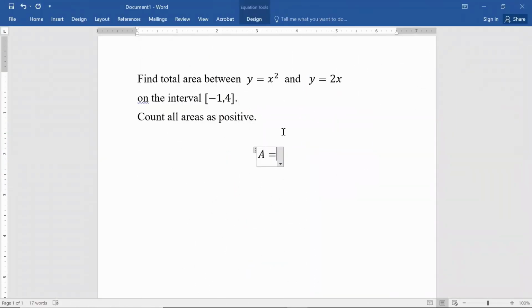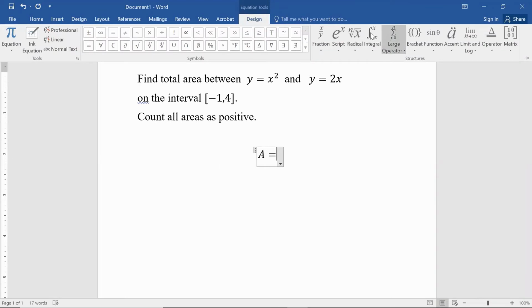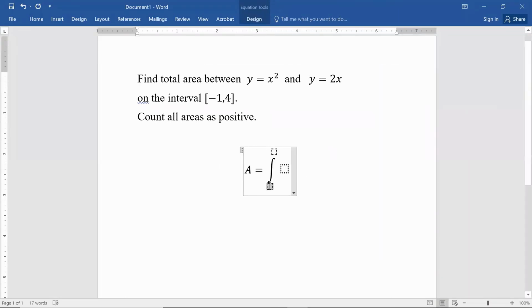Let's do just that. My first integration is going to be from -1 up to 0. When you plug that in, remember the x squared was on top. So we're going to take x squared minus 2x and integrate with respect to x.